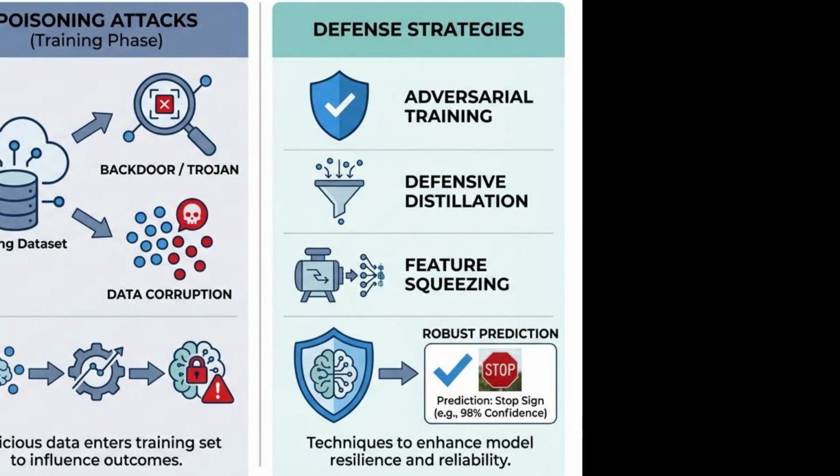Defensive distillation and feature squeezing work by simplifying how your model processes information, making it harder for attackers to exploit its vulnerabilities. And finally, robust prediction ensures your model doesn't just make accurate guesses, it makes them with real confidence, so you know when it's actually reliable. Together, these techniques create multiple layers of protection that keep your AI standing strong against real-world threats.